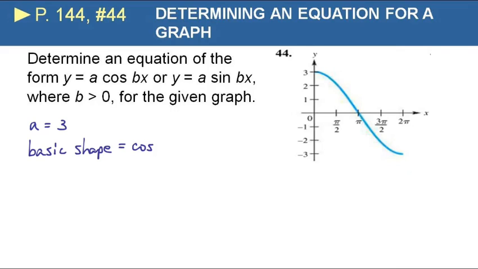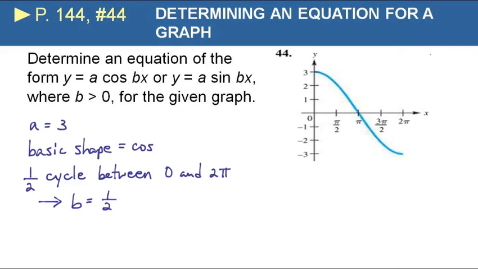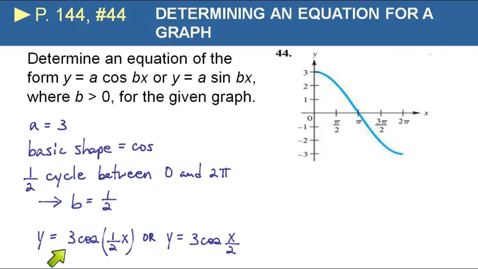So we can say b equals 1/2. Now that I know a and the basic shape and b, I can say y equals 3 times the cosine of 1/2 x, or in other words, 3 cosine x over 2.